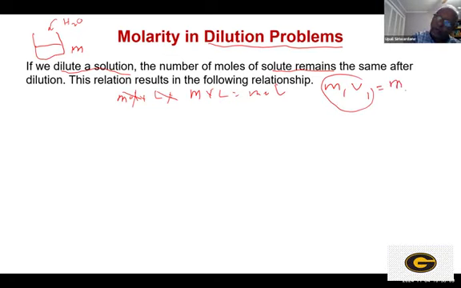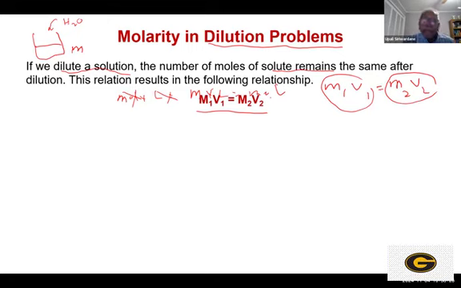If volume is changed, molarity changed, new volume is V2, the number of moles should still be equal. That relationship is given here. If you know initial molarity, initial volume, and you added water, therefore this is known, then you can calculate new molarity by rearranging this equation. M2 is equal to M1 V1 divided by V2.